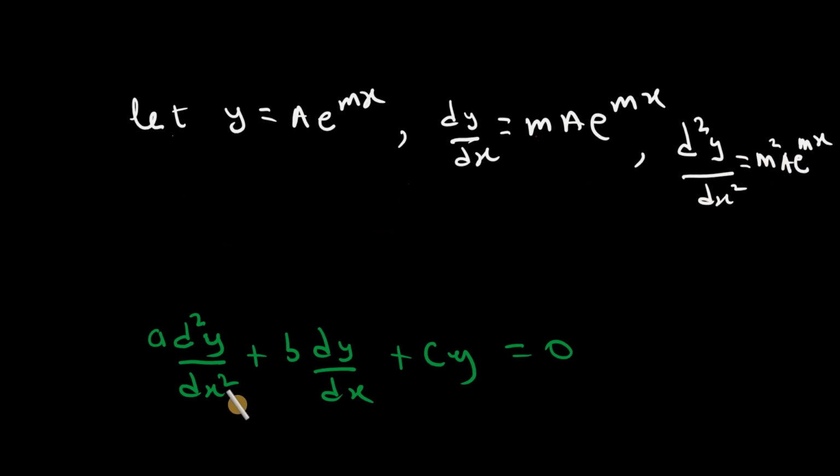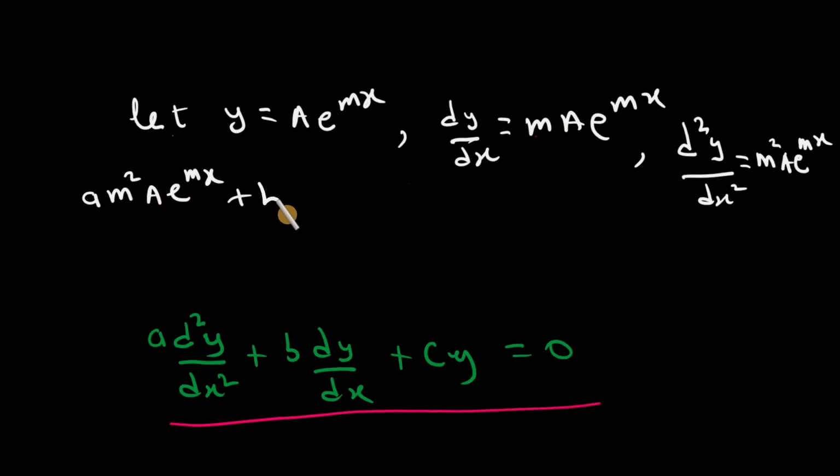Now, if I substitute this information in the equation, I will have a m² a e^(mx) + b m a e^(mx) + c a e^(mx) = 0.